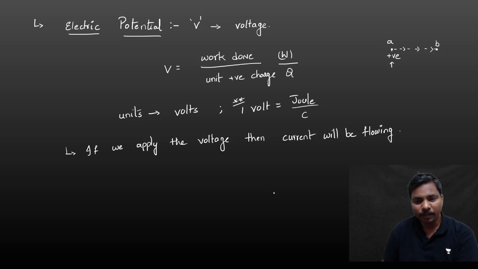For example, if we can understand this one, if here we have the water, let us take a water. Here we have the pipe. That pipe is almost horizontal.